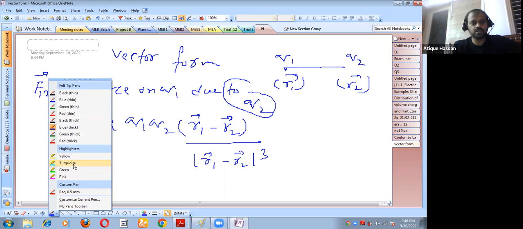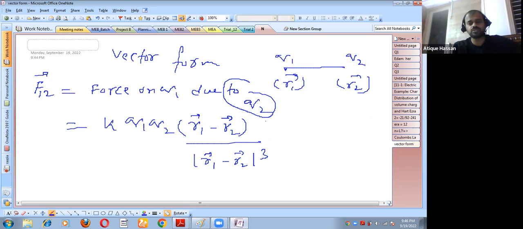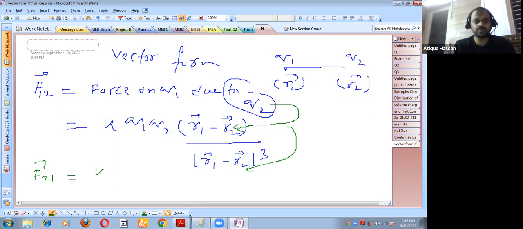The charge with respect to which you are finding the force: if you're finding force due to q2, then subtract q2, right? Similarly, if you have f12, force on 2 due to 1, it will be reverse. If you have f21, then what will be the formula?